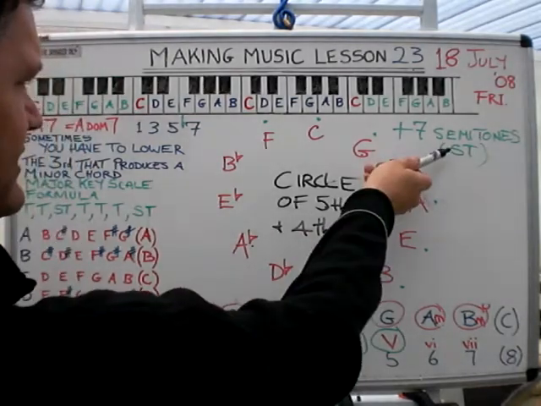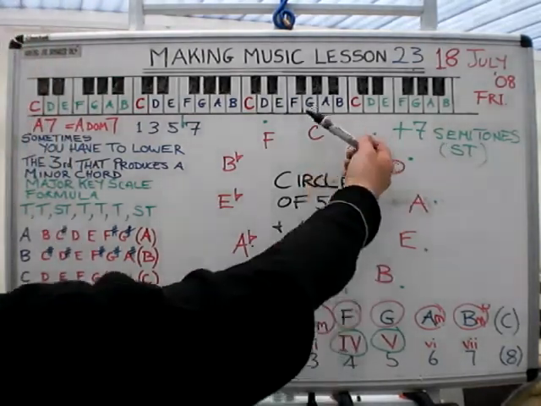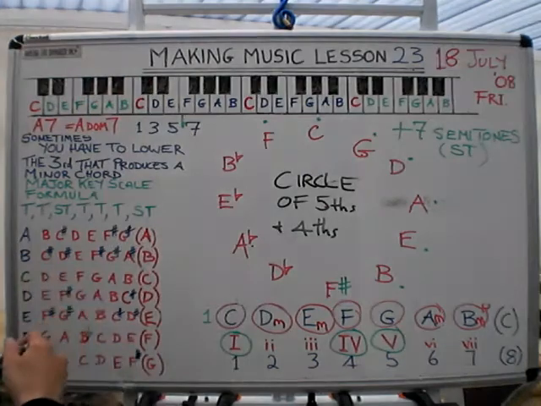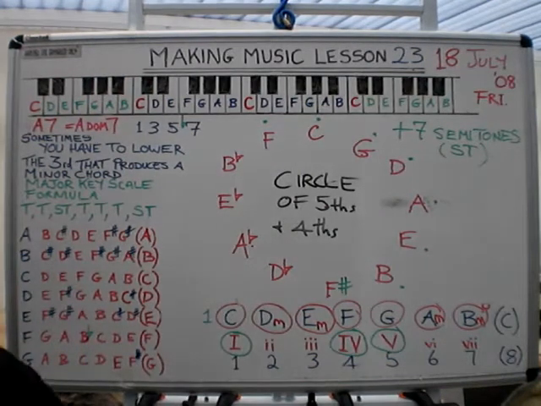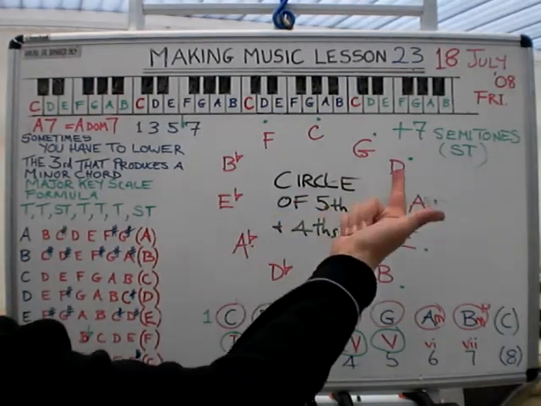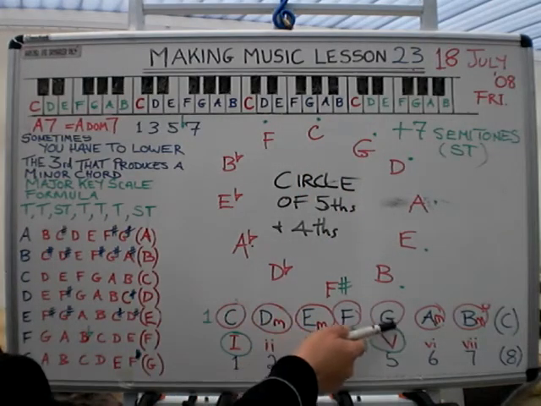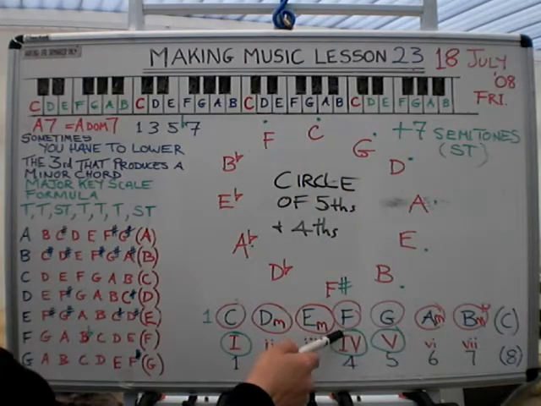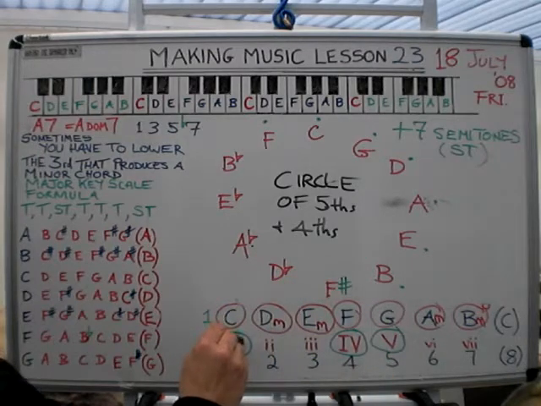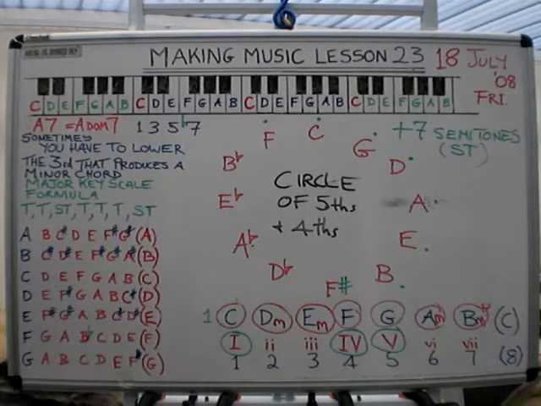Or you could say seven semitones or 5 semitones anti-clockwise. This is when we're talking about using our fingers, and it's relating to this, fifths and fourths, in relation to the first one here. What do I mean by that?